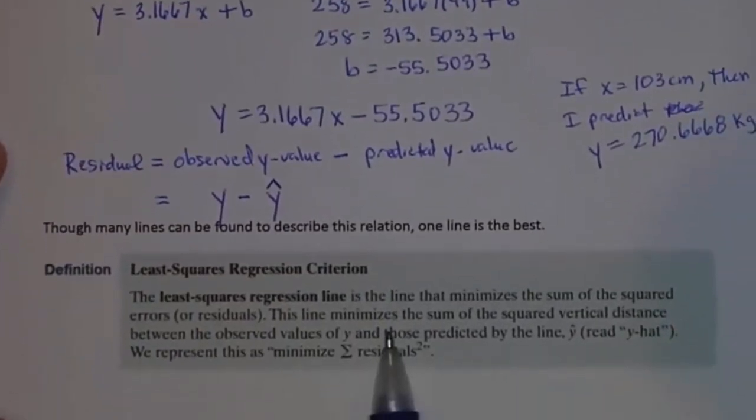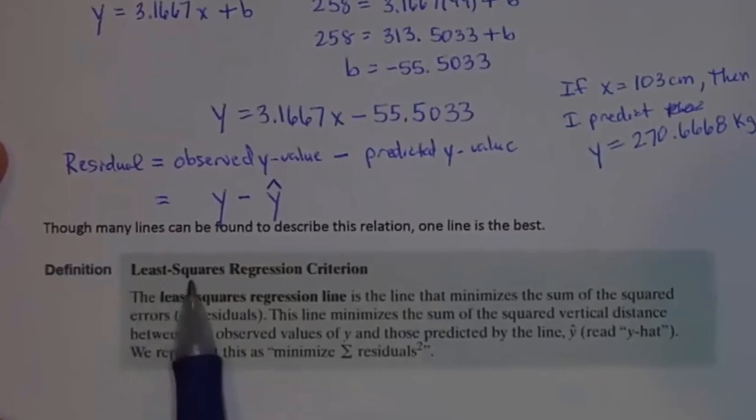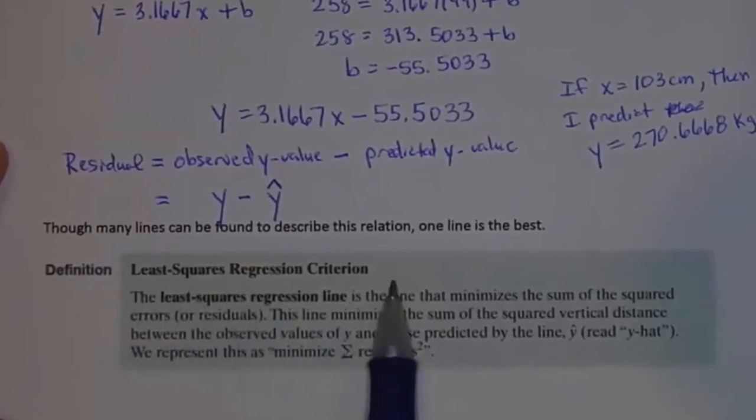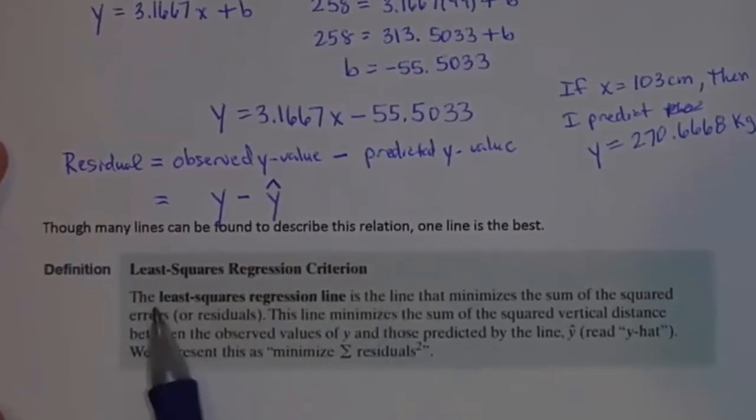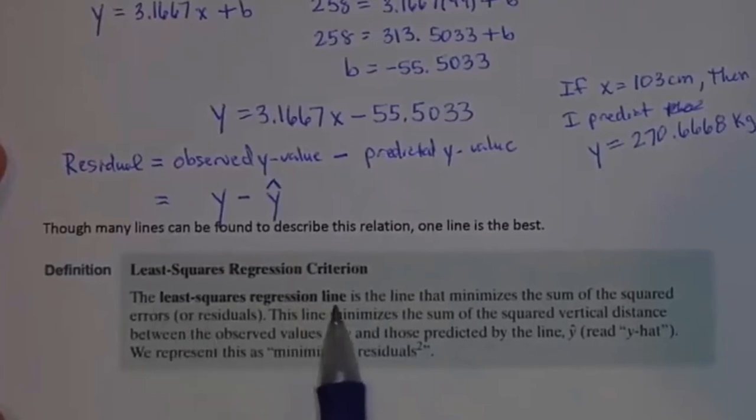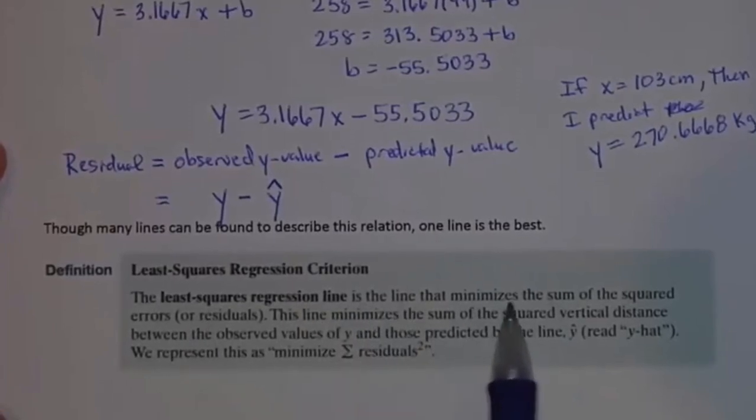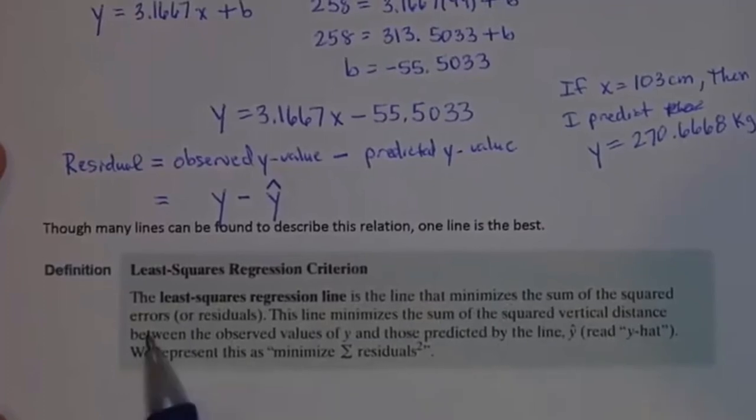So what I'm getting at is the least squares regression criterion. The least squares regression line is the line that minimizes the sum of the squared errors or residuals. This line minimizes the sum of the squared vertical distances between the observed values of y and those predicted by the line, y hat.